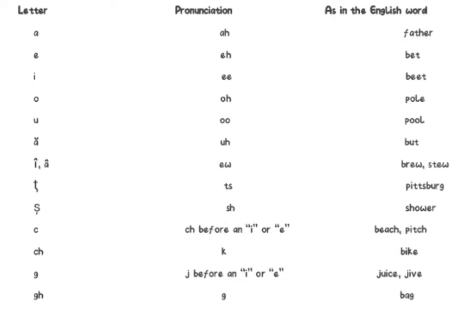The letter O, pronounced as O in pole. The letter U, pronounced as U in pool. And the letter A with a breve symbol, pronounced as A in but. And the letter I and A with a circumflex symbol, pronounced as U in brew and stew.